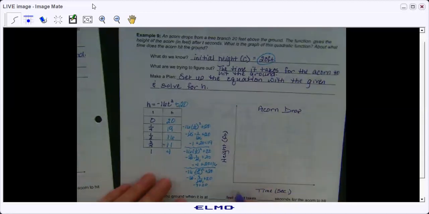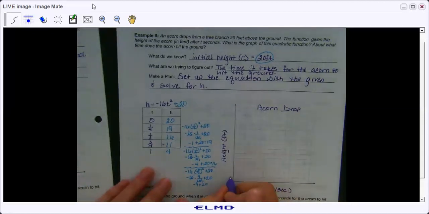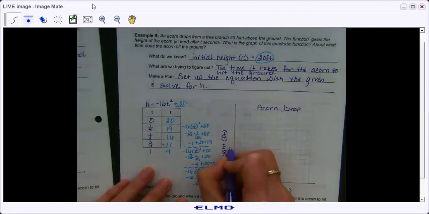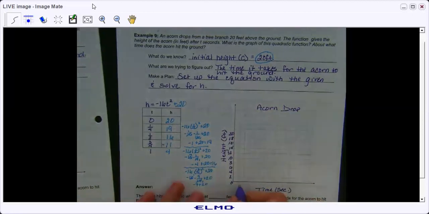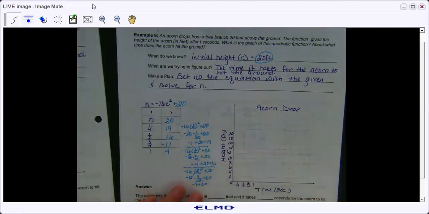And my height, I'm going to go up by 2s. And my time, I'm going to go by 4ths. So we have 1/4, 1/2, 3/4, and 1.